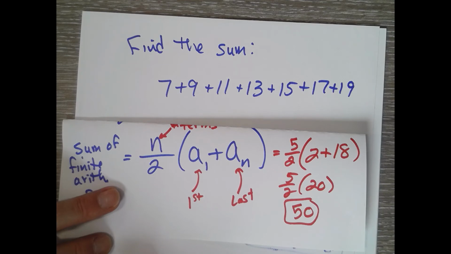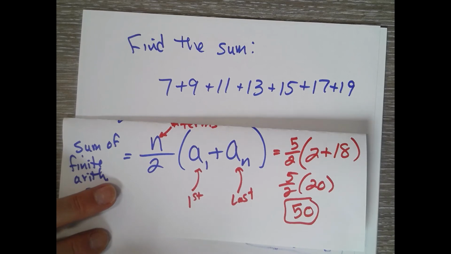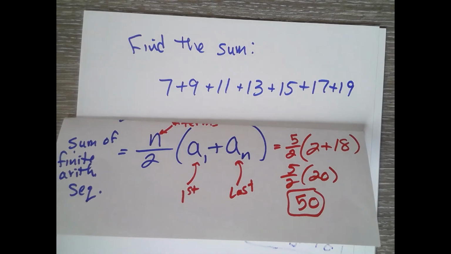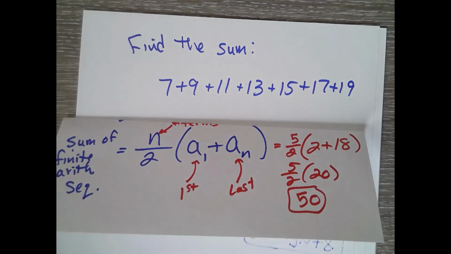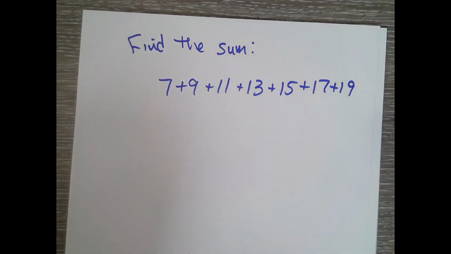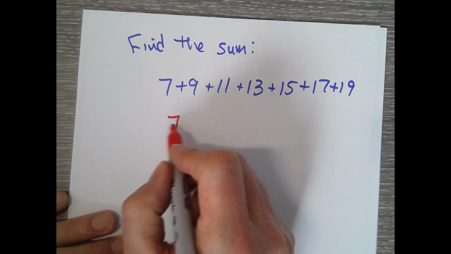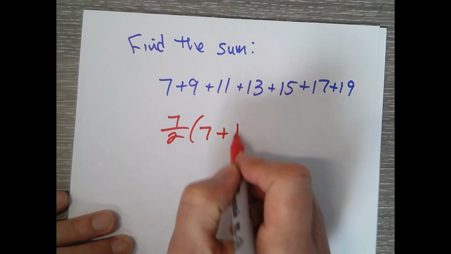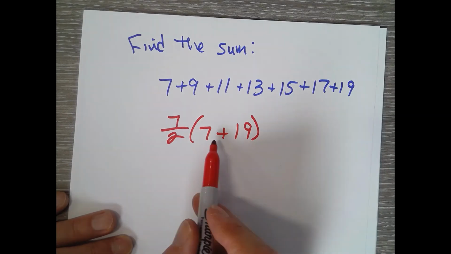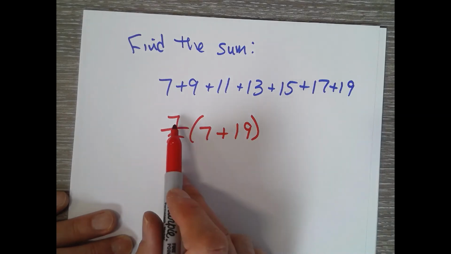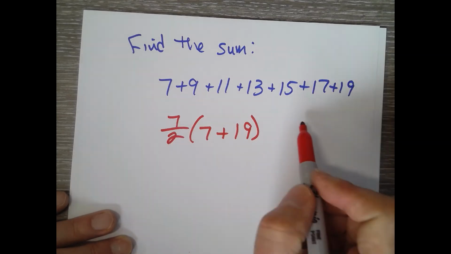There it is. All right, so n is 1, 2, 3, 4, 5, 6, 7. So 7 over 2 times the first one plus the last one. 26 divided by 2 is 13 times 7 is 91. Is that right? Okay.